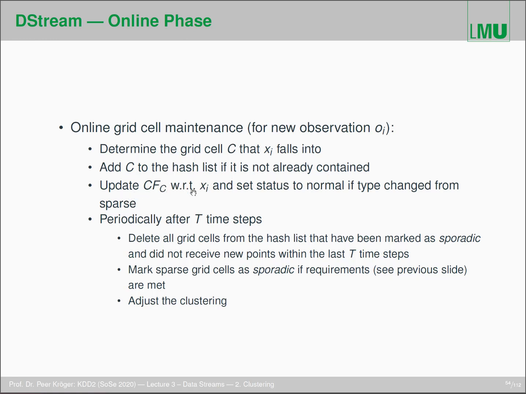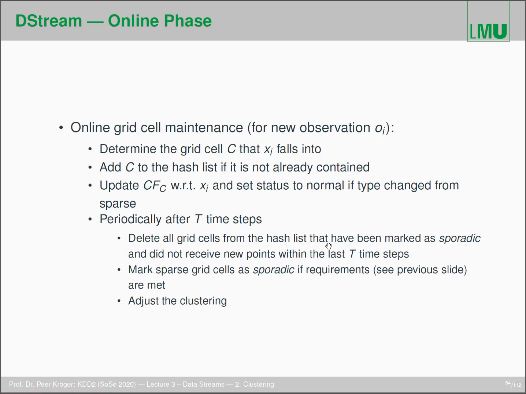Then we update the cluster feature summary of the grid cell and set the status to normal if the type changed from sparse. Additionally, after t timestamps, which is again a parameter, we delete all grid cells from the hash list that have been marked as sporadic and did not receive new points within the last t timestamps.